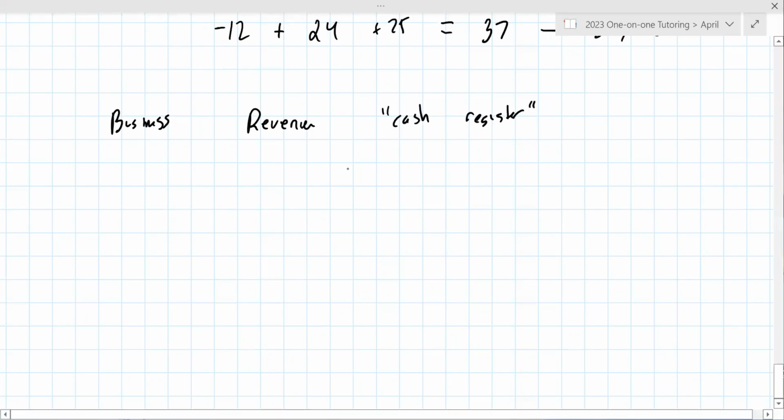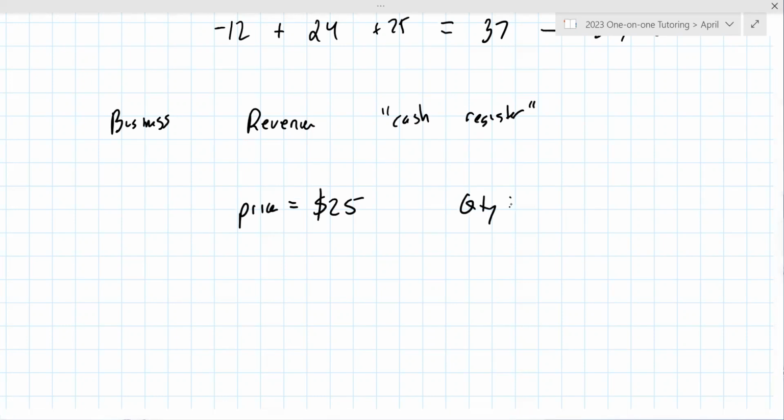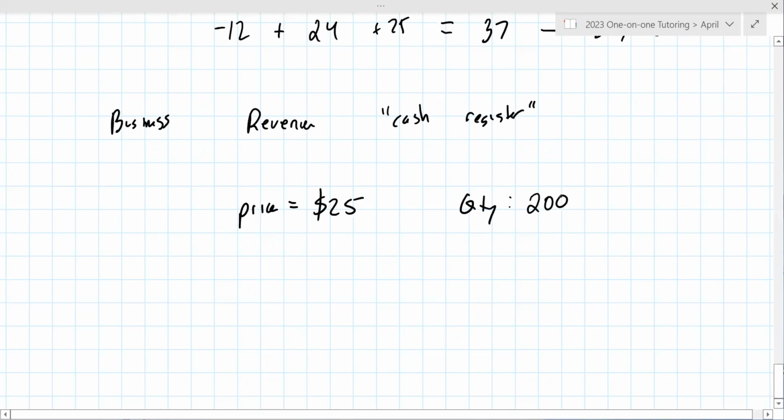Let's say your price is $25, and how many can you make in a week? You can make 175 in a week. That's amazing. Well, let's just use 200 because it's an easier number to multiply by.